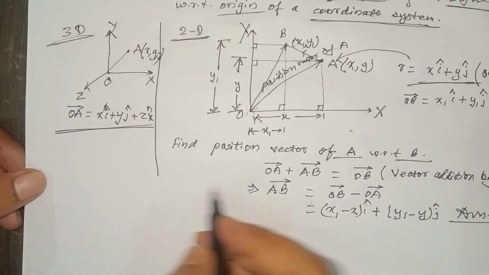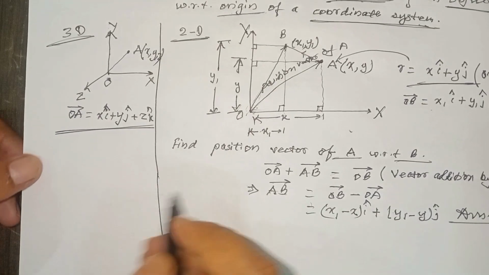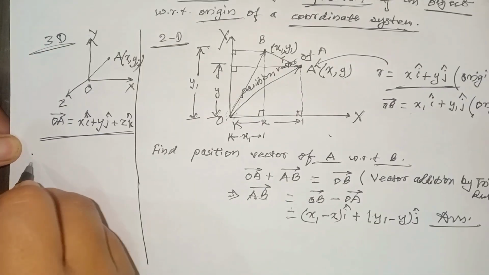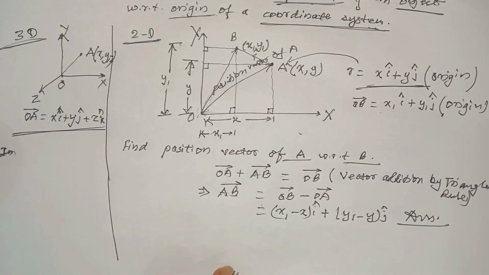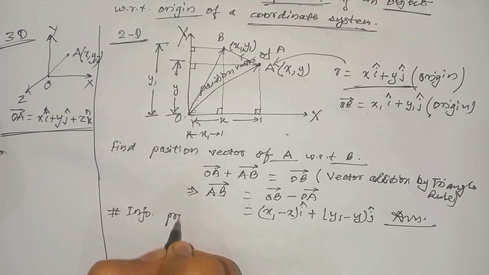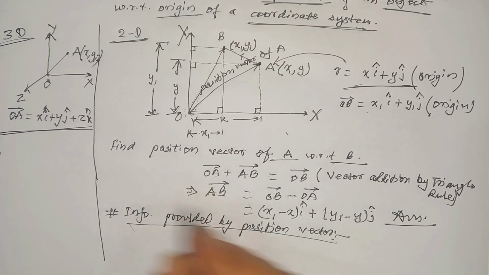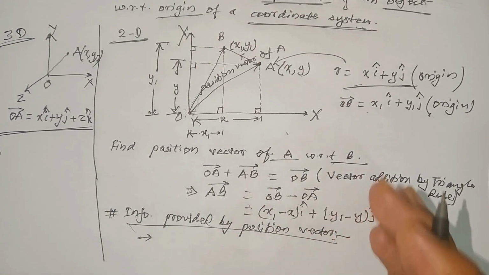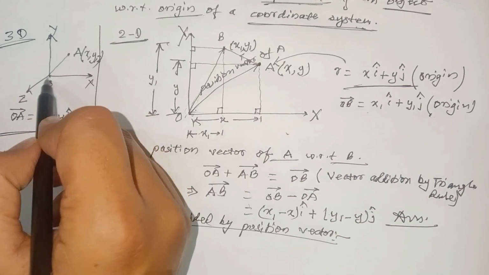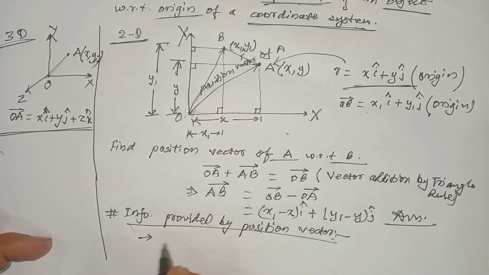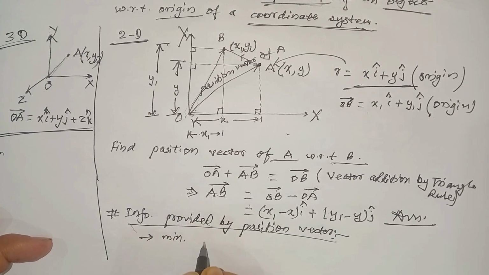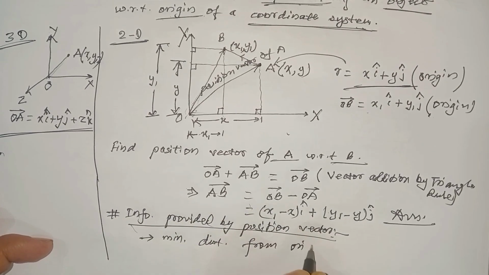Now let's see what information is provided by position vectors. Let me write here, info provided by position vector. It provides simply the minimum distance. What does OA tell? It is the minimum distance from origin. First thing it shows is minimum distance from origin.